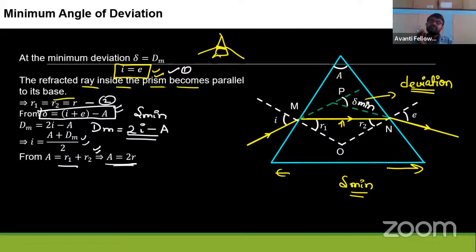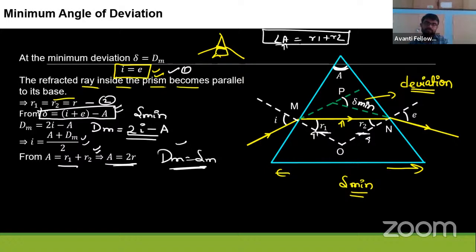When this law is followed, you will also get R1 equals R2 for minimum angle of deviation, delta equals dm. And remember, the angle of prism is equal to the sum of the two internal angles, R1 and R2.